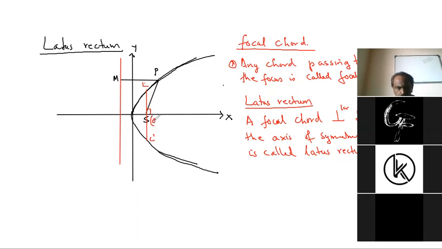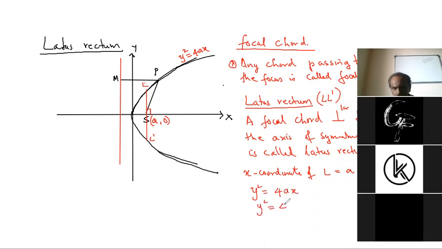You know that (a, 0) is the focus. The equation is y square equal to 4ax. Let us denote the ends as L and L dash. The x coordinate of L will be a. So substitute in y square equal to 4ax: y square equal to 4a into a, y square equal to 4a square.